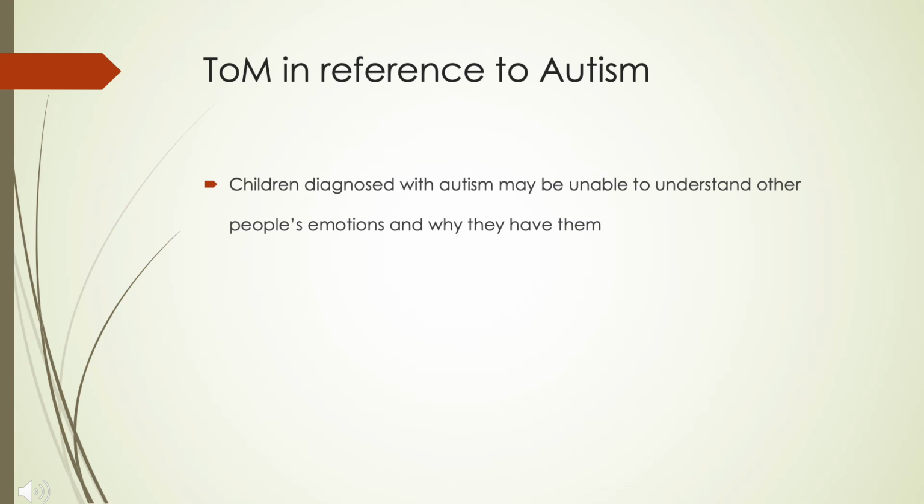His mom may then show feelings of sadness or frustration, but according to the theory of mind, Casey does not have the ability to understand his mother's state of sadness or frustration because he has not been able to fully comprehend how his action made his mother sad or frustrated.